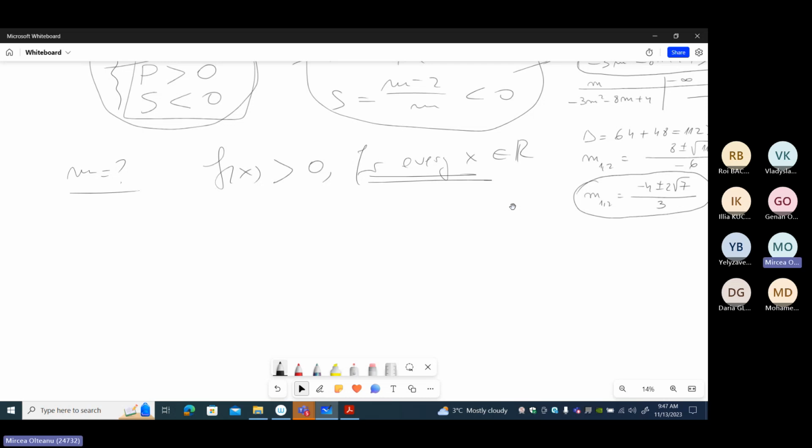Who can tell us? What conditions should we put here to have this property? Okay, so if the coefficient of the maximum term is positive, then we will have to have the delta less than 0 to have only positive solutions. So first of all, to have what?